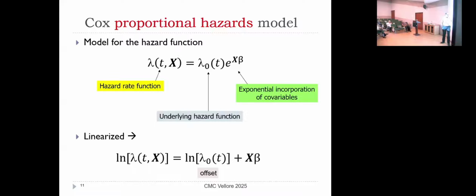So this is the log of this, plus the log of e to the x beta, which is just x beta. So now this is a linear function in the covariates, and this is just the offset to the beta. And I don't care about this, because whatever it is, I just want to know what is the impact of the intervention. That's one of the covariates. What is the impact of sex? That's it. I want to study the effect of this on the hazard.